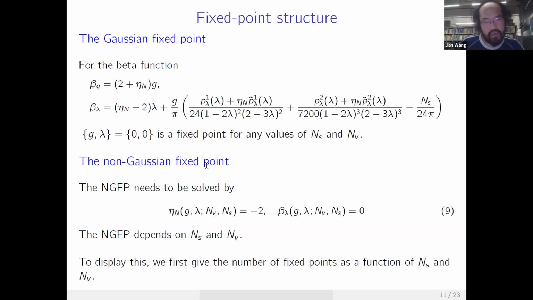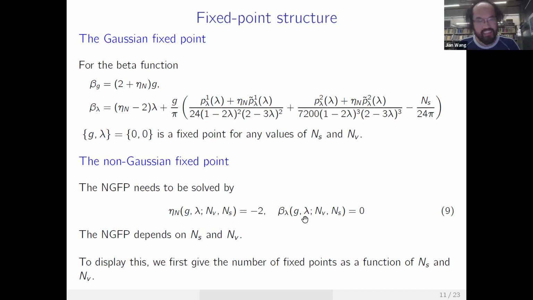Next we will consider the non-Gaussian fixed points of the system. To get them, we need to solve the following two equations.